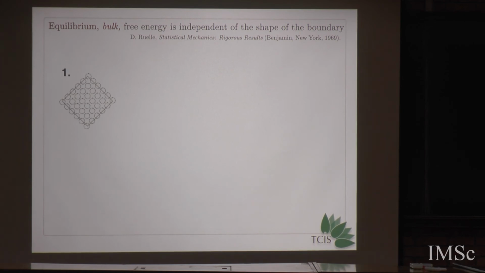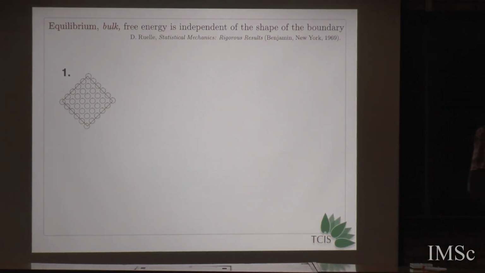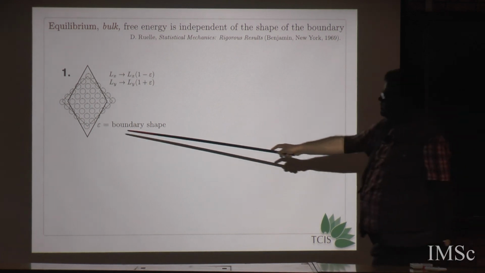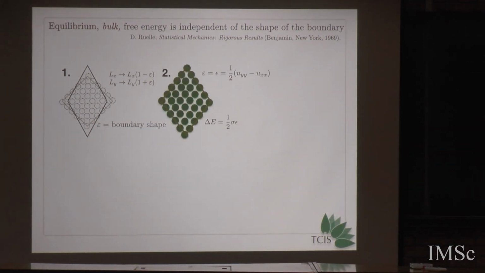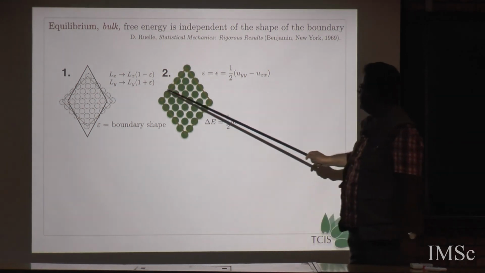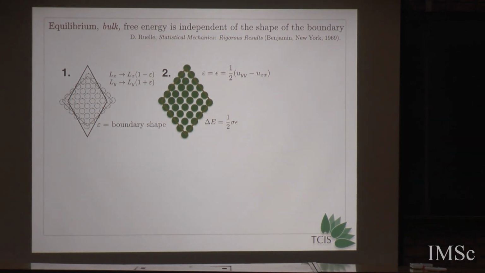Okay, so this is really my last slide. Suppose you are given a solid like this, and then you change the boundary. So I change the boundary here. This is pure shear. Then the crystal, these are the atoms, the crystal can do this, follow the shape of the boundary.